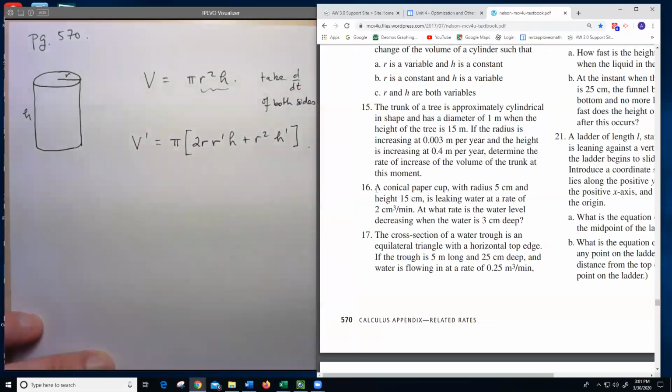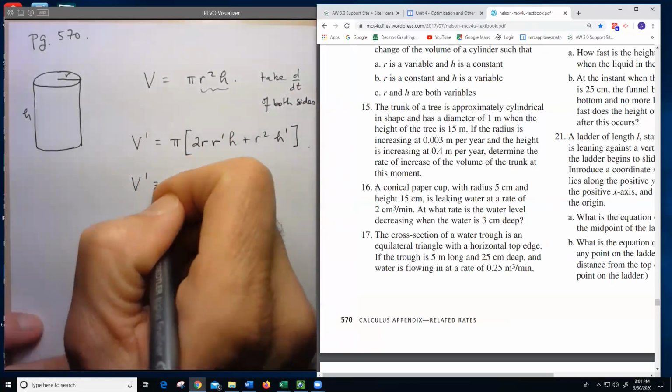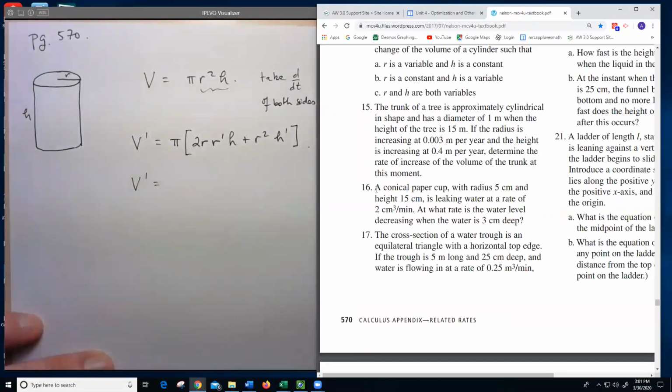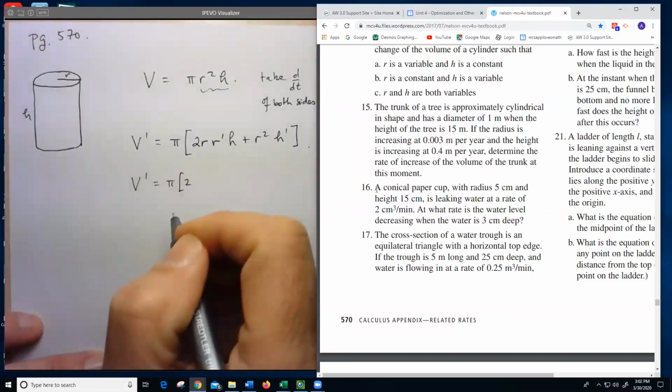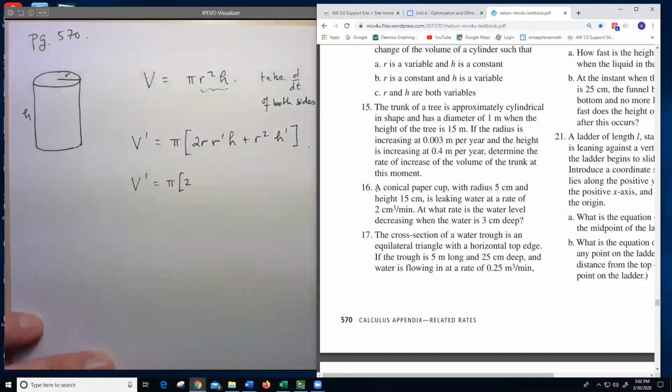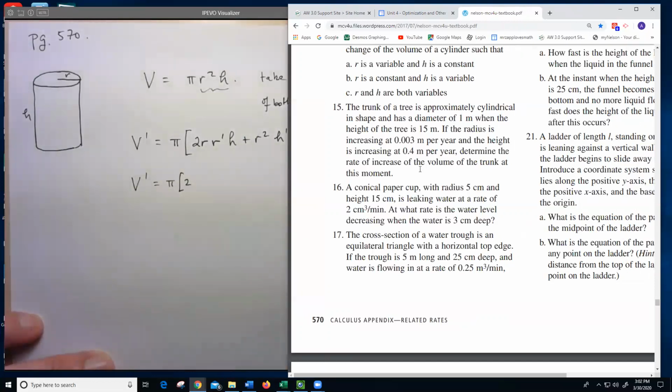So now v prime for the moment in time that we're interested in is just equal to pi times 2 times, well, the radius is equal to, okay, got to be careful here. You don't want to get taken in. What is the radius? Make sure you're careful. What they're giving you is the diameter, yet what you need to input is the radius.